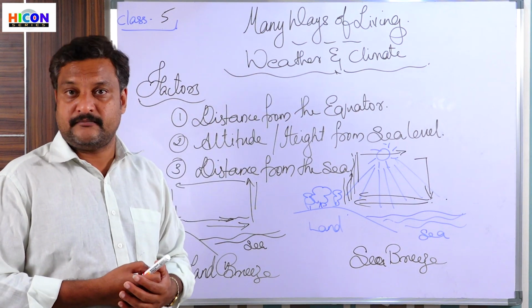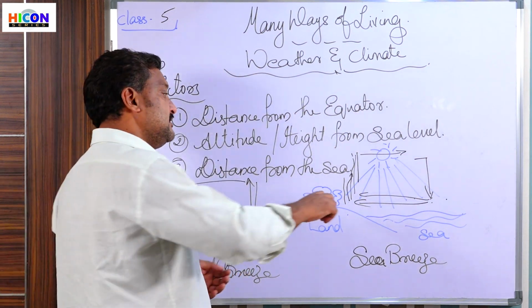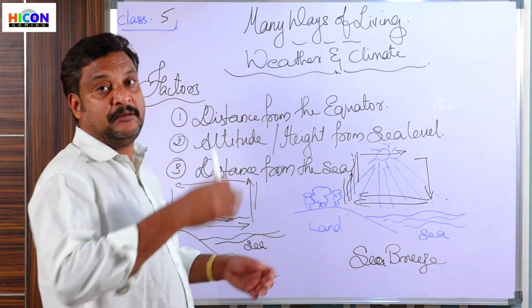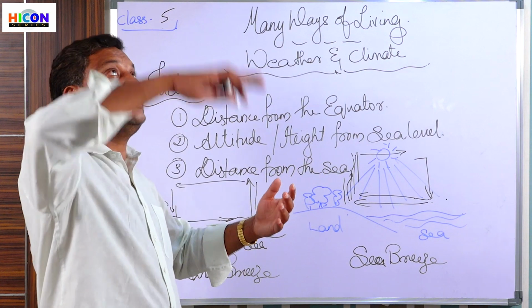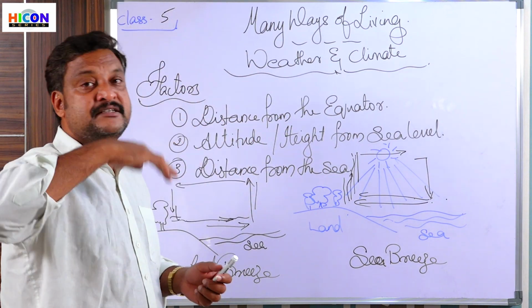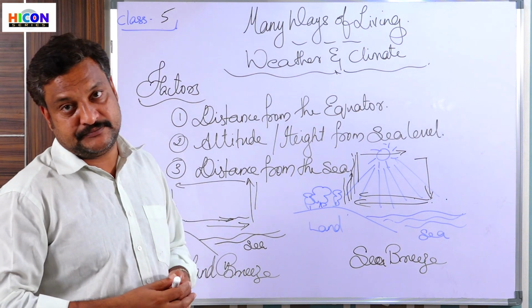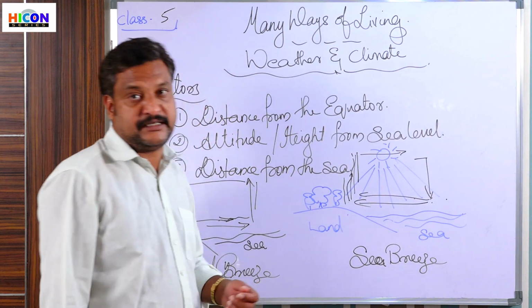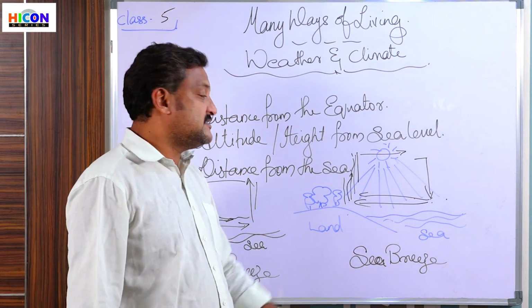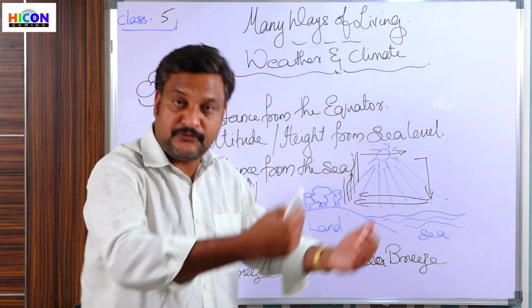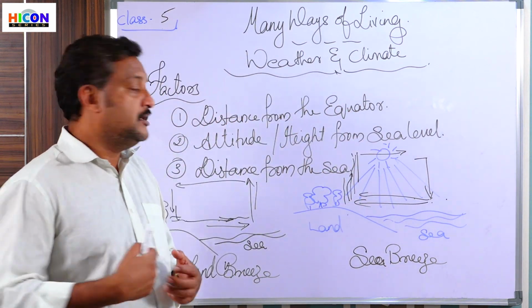And this happens in a cyclic process because the air that rose up above the land, as it goes high, becomes cooler because temperature decreases as we go up in altitude. So this continues in the cyclic process during the daytime, and that is called a sea breeze because the breeze is flowing onto the land from the sea, right?